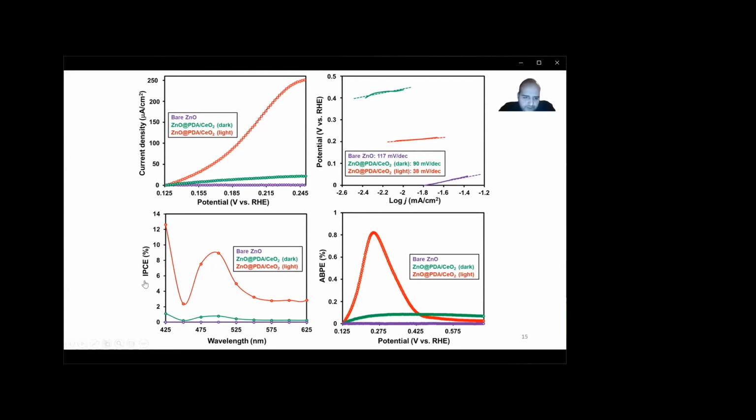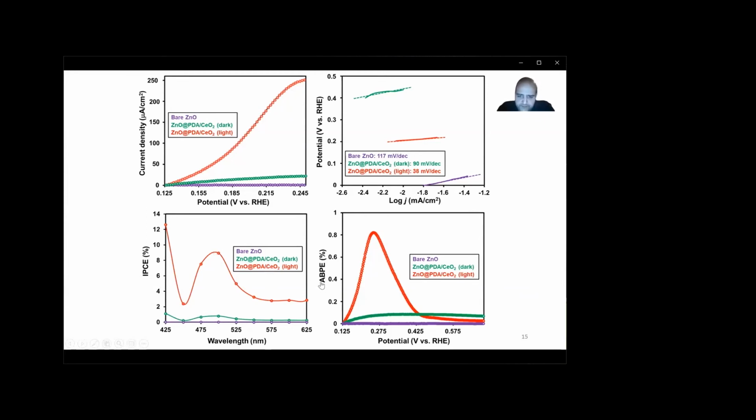For the incident photon to current conversion efficiency, the bare zinc oxide showed no response. Our photocatalyst under dark showed 1% efficiency, and when illuminated, efficiency reached up to 9%.